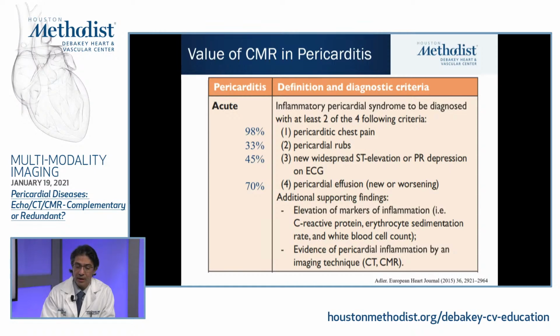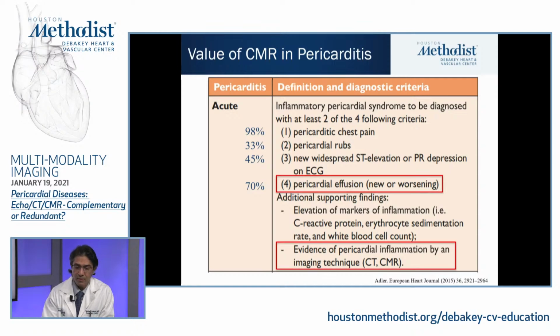And then finally, pericardial effusions. So you need at least 2 out of 4 of these to make the diagnosis of acute pericarditis. And notice pericardial effusions can be absent in almost a third of patients. So sometimes we have clinical uncertainty when we are taking care of patients, and we would love a technique that can help increase our specificity.